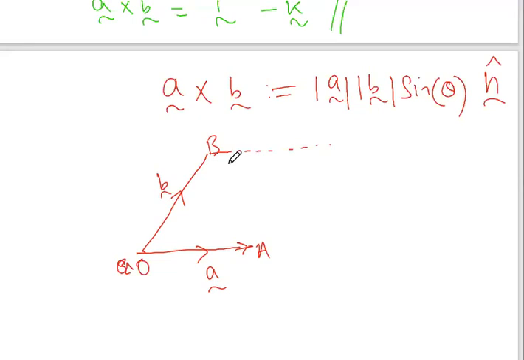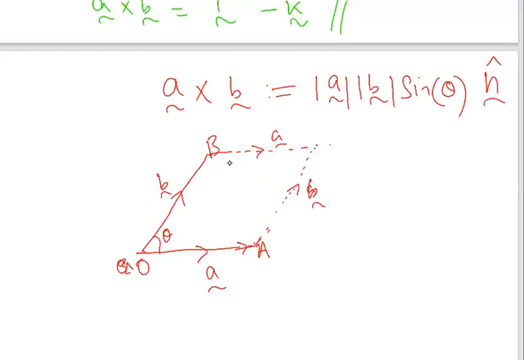As I said before, vectors do not have a specific position in space; the direction and the magnitude are the same. This will be P, and this one goes A. So this is the angle between the two vectors, theta.